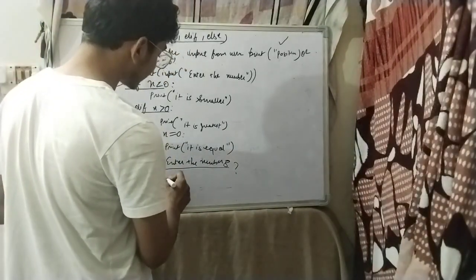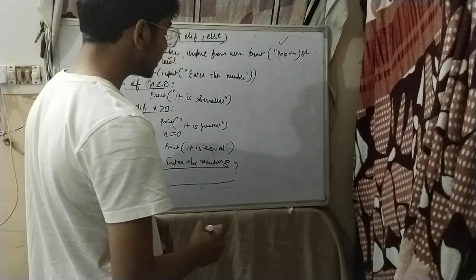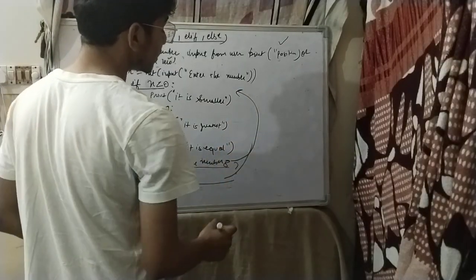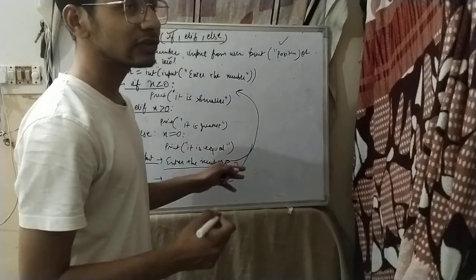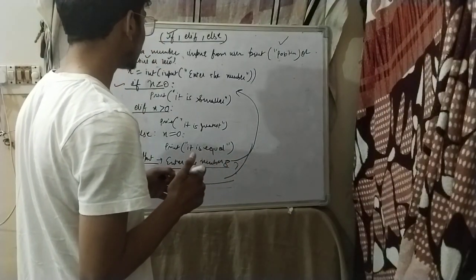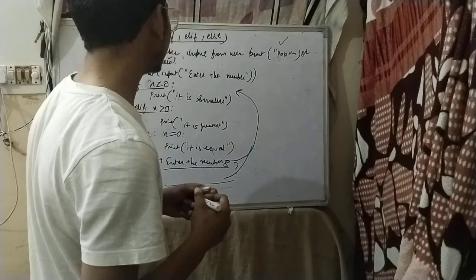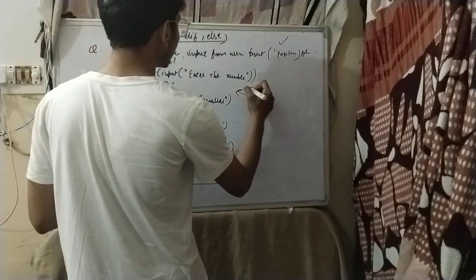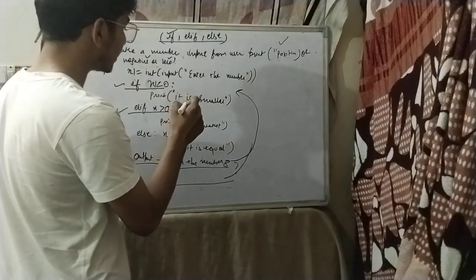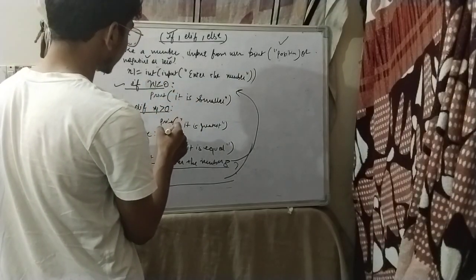We didn't write a second statement. So we are going to add a second statement here for checking which is the greatest or which is the smaller. So we are going to add a number n1. We are going to write here n1 is less than n1.